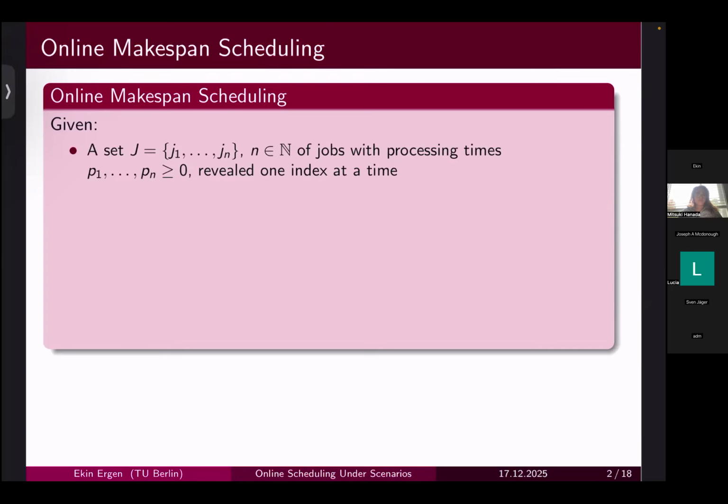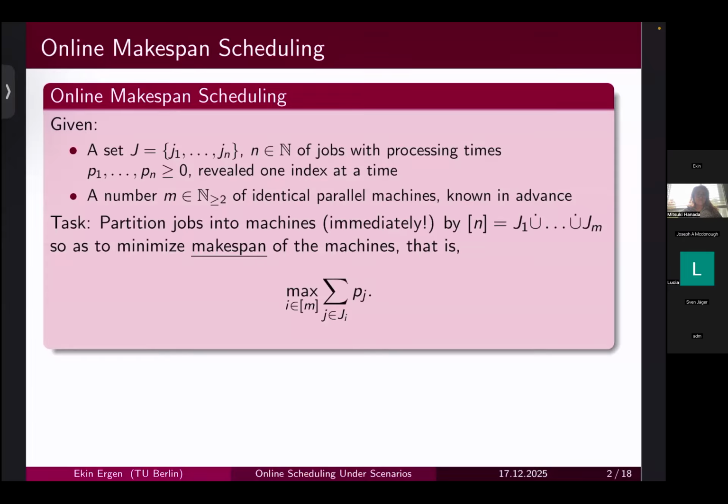And there are also a number of identical parallel machines known in advance, which are just machines that are supposed to process the jobs, and they take exactly the same amount of time, which is the processing time given per job. So now your task is to partition the jobs into machines such that the makespan is minimized, and the makespan is given by the maximum time any machine would need to process its jobs.